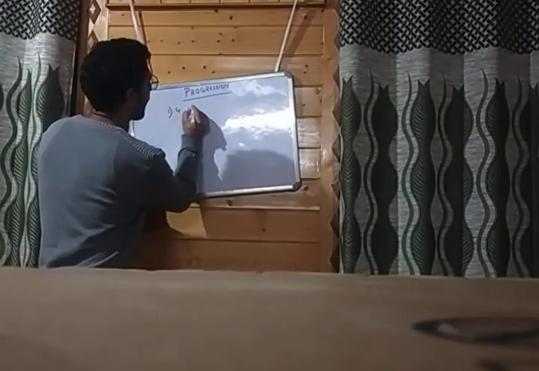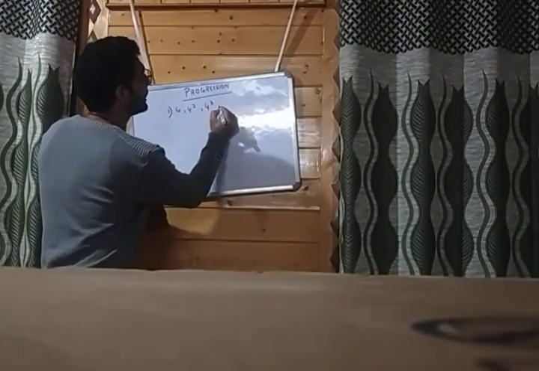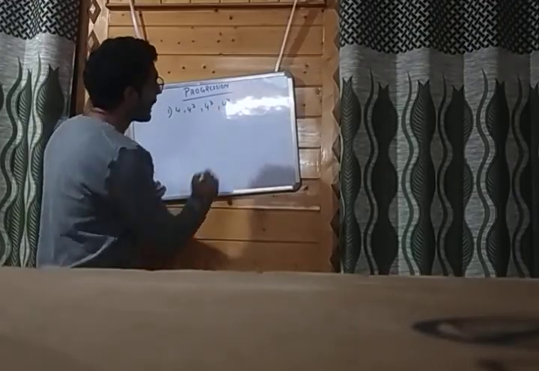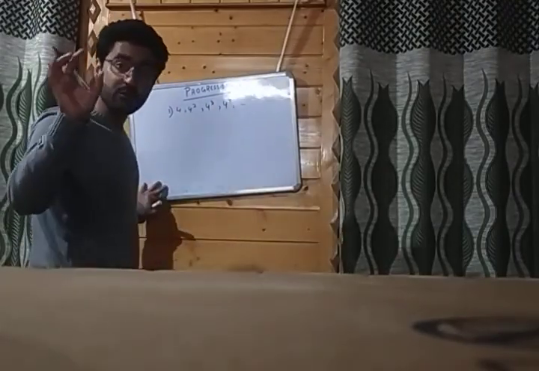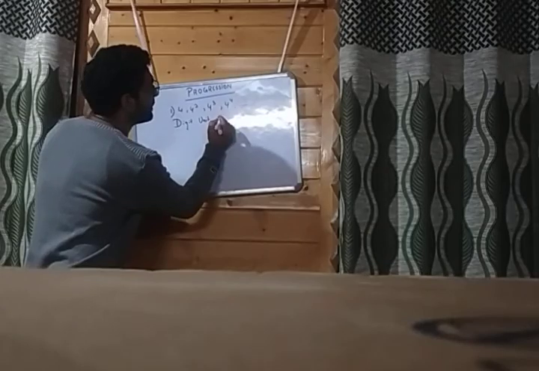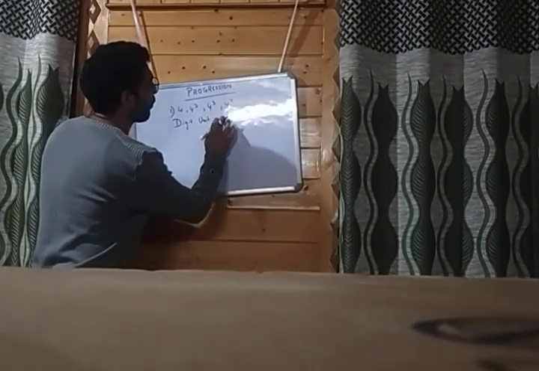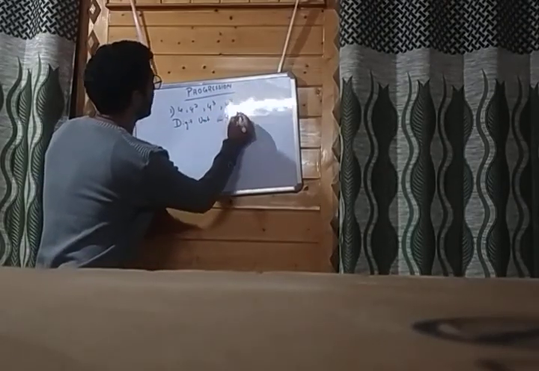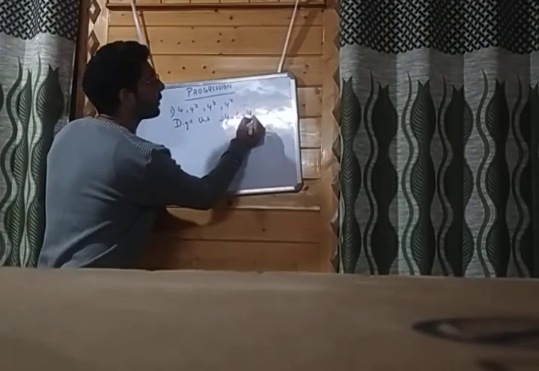Suppose we take an example. We have 4, then 4 square, then 4 cube, then 4 raised to the power 4, and this goes on. But if you check the digits at the units place, they will be 6, 4, 6, 4, 6.